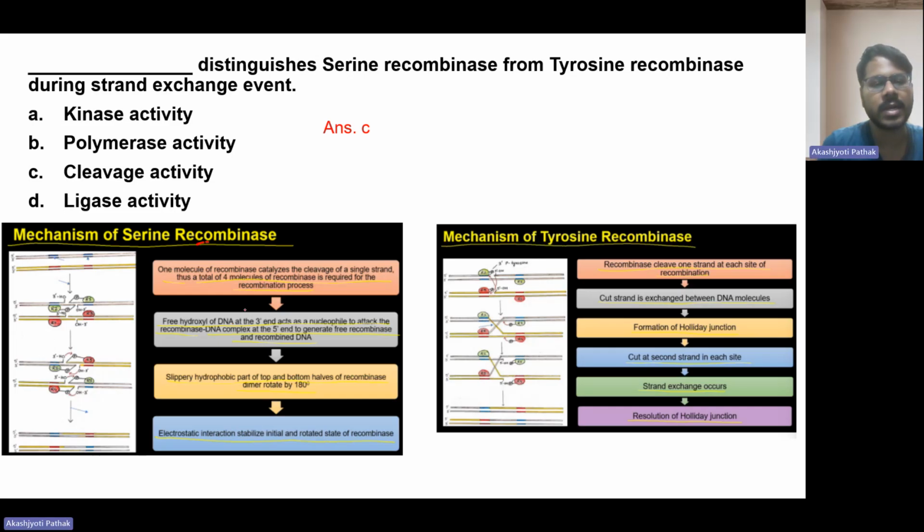Now, once this break is created, there will be a free hydroxyl 3' end, which is that of the sugar. Sugar molecule will have this 3' OH group, and this free 3' OH group is created. And this acts as a nucleophile to attack the recombinase DNA complex at the 5' end to generate free recombinase and recombined DNA. Okay.